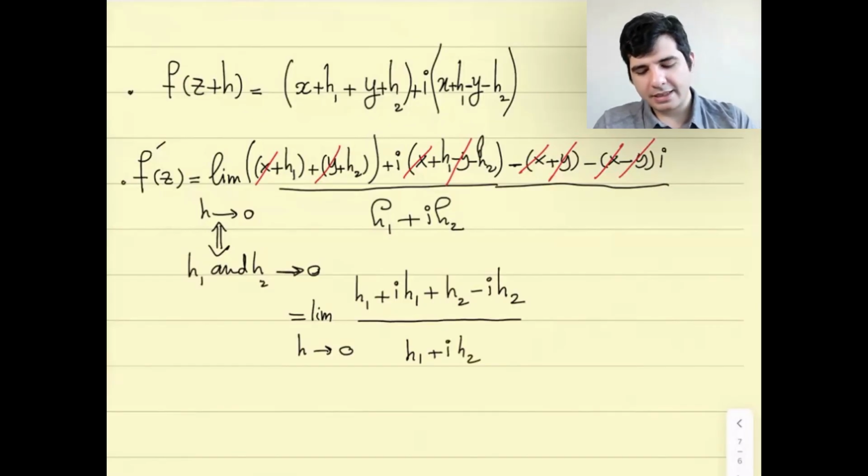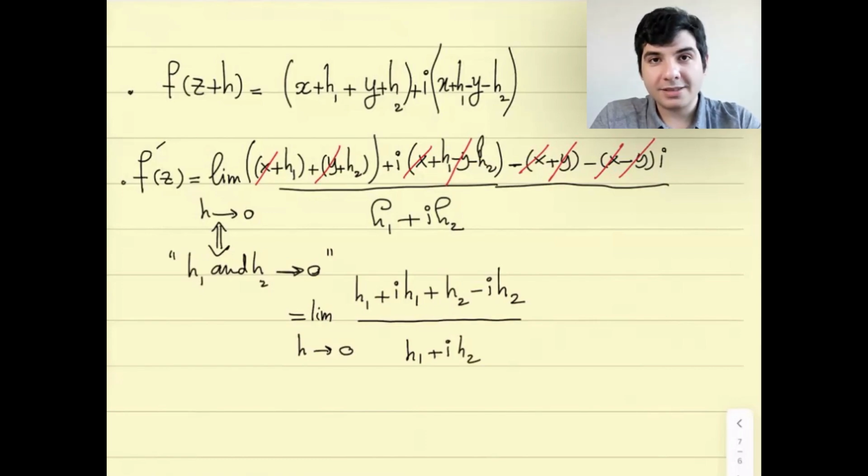Now, as I said, h going to 0 is the same as h1 and h2 going to 0. Does this limit exist if h1 and h2 are going to 0? So, you know, h1 and h2 can go to 0 along any path they want.